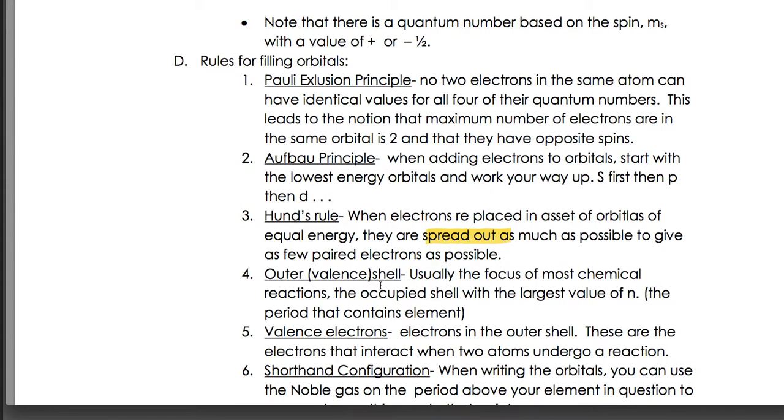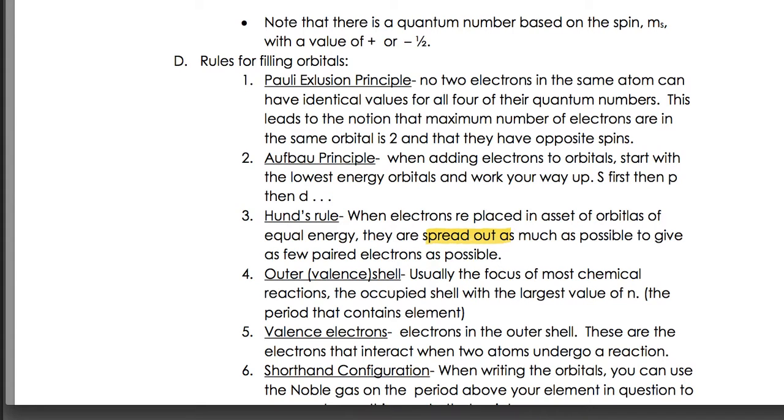The valence shell is the outermost shell of electrons, and that's where the chemical reactions occur. It's the largest value of n that we have. Valence electrons are the electrons in the valence shell that determine the reactivity of whatever we're looking at.